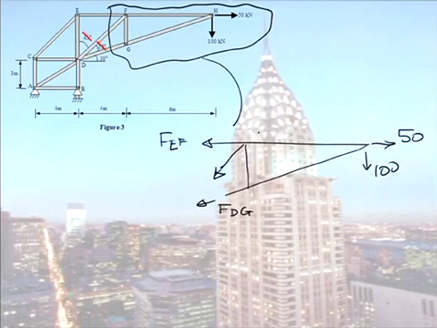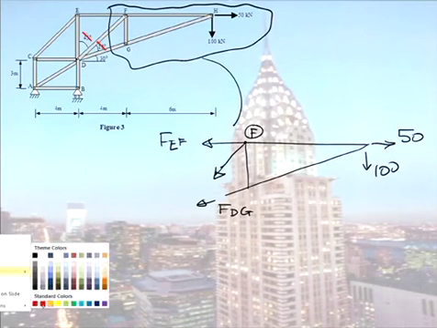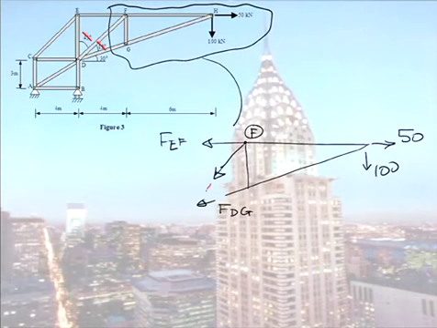Now, on this system as well, I'm going to include this joint here, D, to show that I recognise these two unknowns, FDF and FDG, run through them.